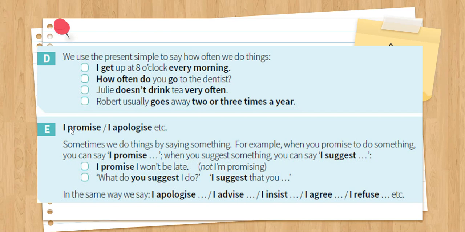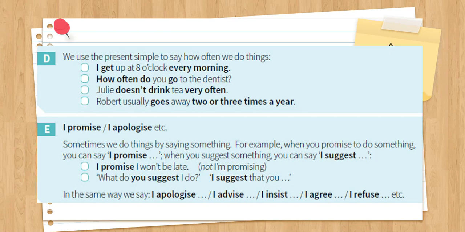Okay, this section, it says, I promise, I apologize. Sometimes we do things by saying something. For example, when you promise to do something, you can say, I promise I won't be late. When you suggest something, you can say, I suggest. Not I'm promising. Okay?